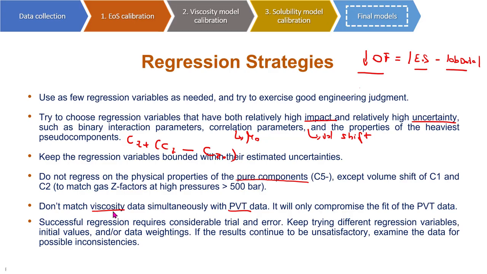Another important point for us: don't mix viscosity and PVT data in the same step. Please do the regression of the equation of state beforehand, before doing the regression of the viscosity correlation. Those are two steps. And the third step will be the solubility model.